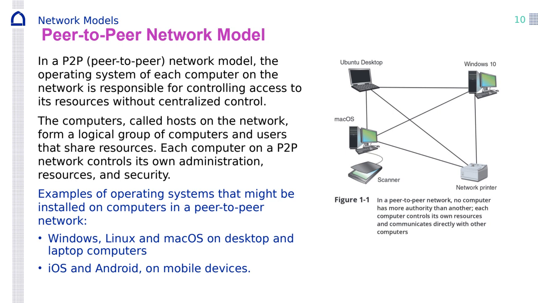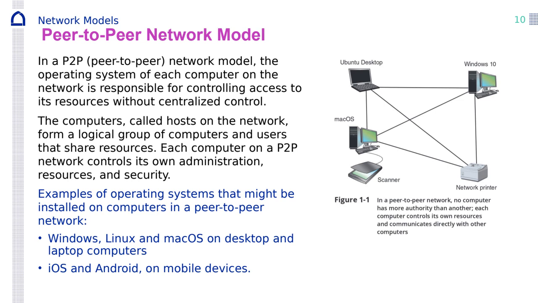So here are examples of operating systems on a peer-to-peer network. This is the operating system of the peer-to-peer device. We have Windows, Linux, and Mac OS on desktop and laptop.